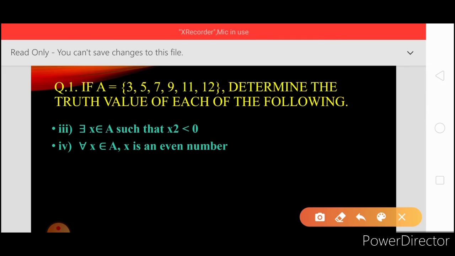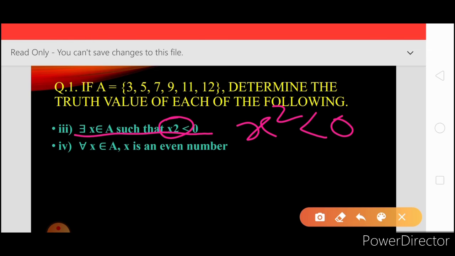For the same set A there exists, which means again an existential quantifier, such that x square is less than 0. Again, here is a printing mistake. So we want to find a number whose square is less than 0. Let us check. We want to find at least one number, but 3 square is 9, and 9 is not less than 0. 5 square is 25, not less than 0. 7 square is 49, also not less than 0. 9 square, 11 square, 12 square, all the squares are never less than 0.